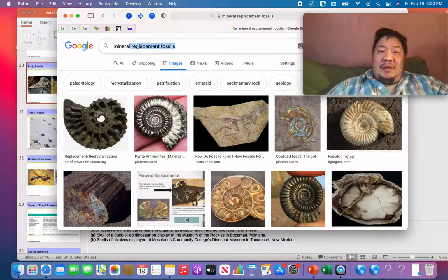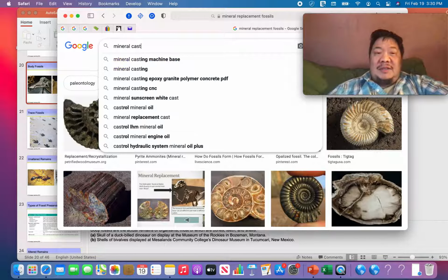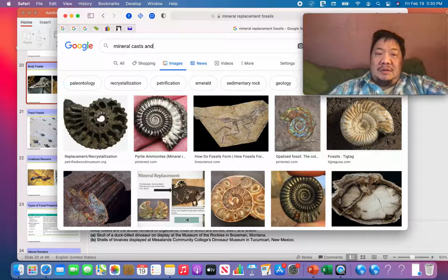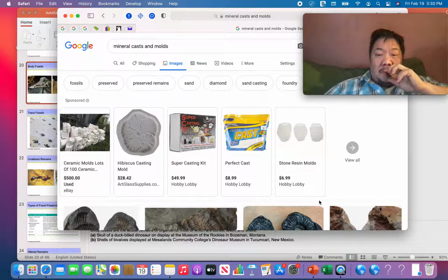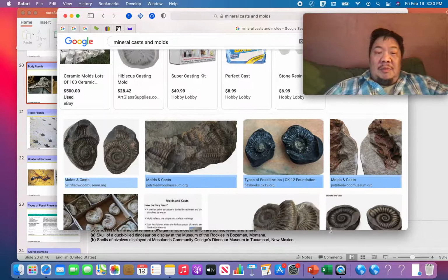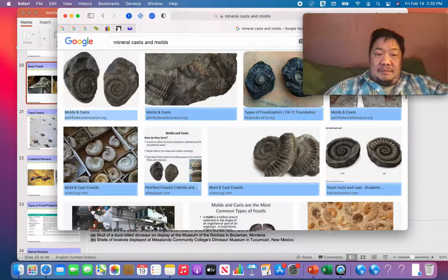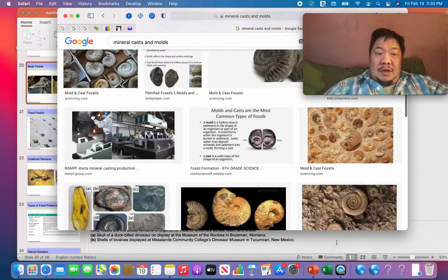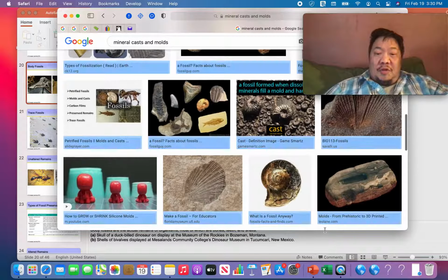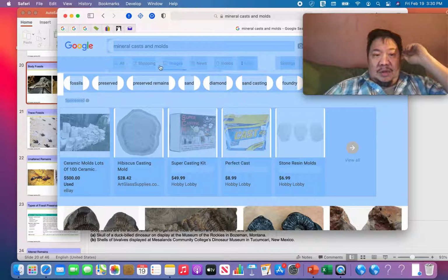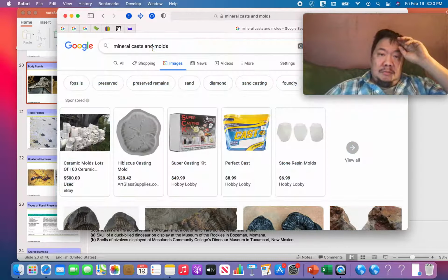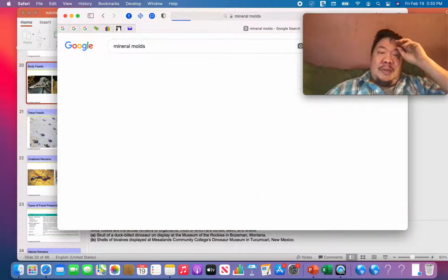Another way you can make fossils is through casts and molds. So if an animal dies, you can make a mold of the creature. Let me show you what that looks like first. Molds. Let's do molds first. Think of a candle mold. How do you make candles?